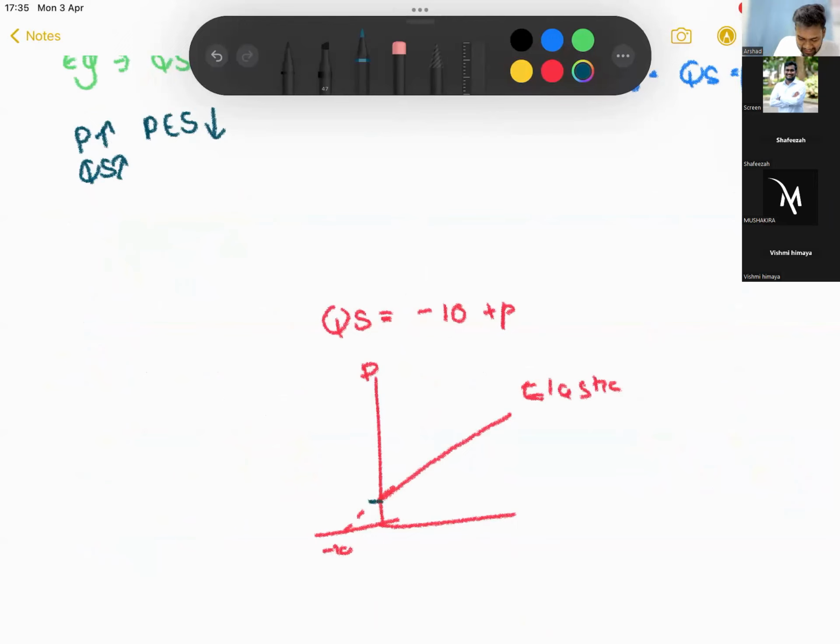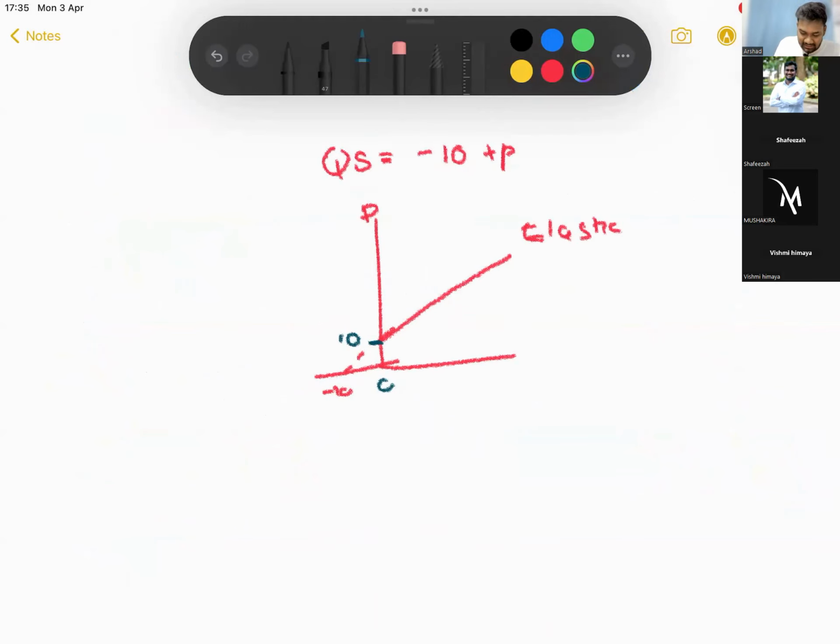At this very point, if I am to show you how it is infinity, let's say here the price is 10, QS is 0. So how do you find PES? Change in quantity supplied divided by change in price, multiplied by price over QS. So let's take another point also. Let's take 12 and 100.